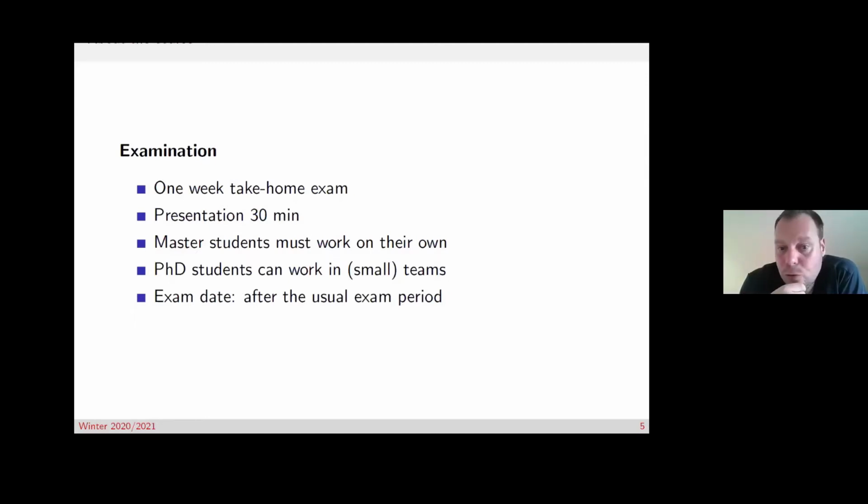Master students have to work on their own because they receive a specific grade for their job. I think for PhDs it's only pass or fail, right? So they can work in smaller teams, and the exam date is usually after the regular examination period, so that you have enough time to get rid of the standard exams that you want to sit, and then work on this.